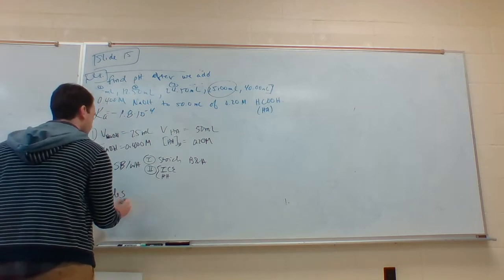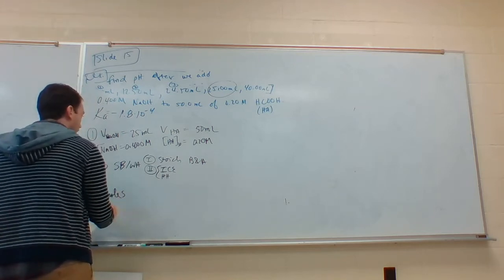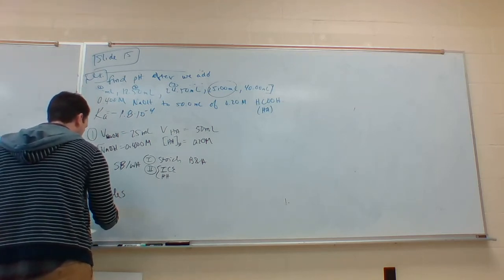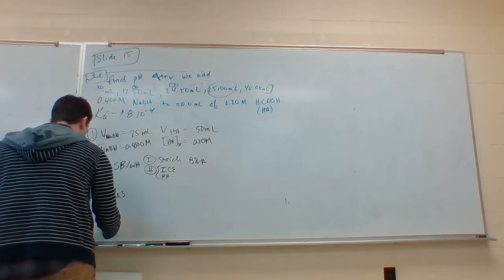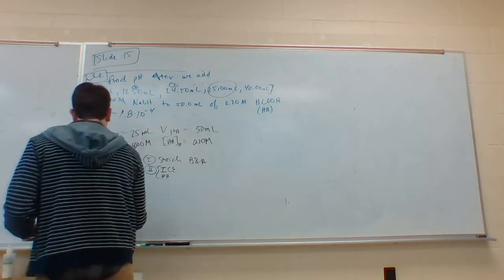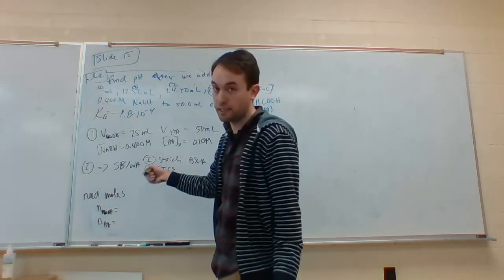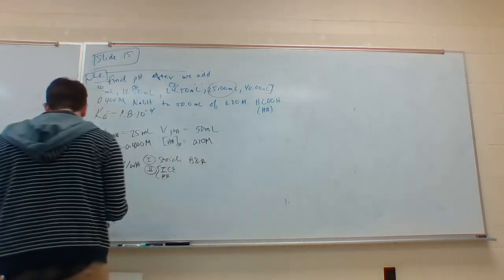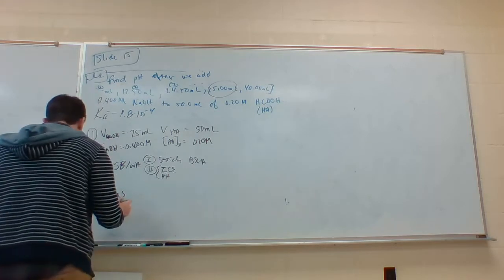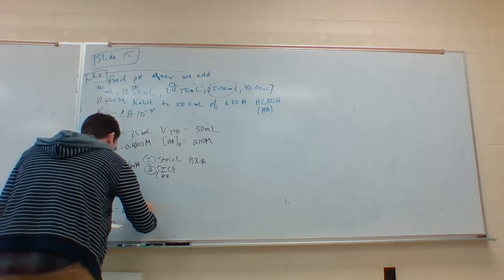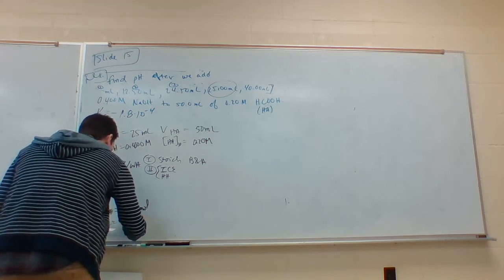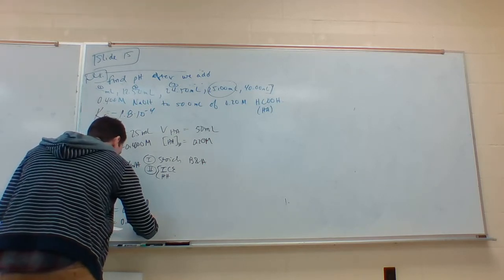So since we need moles, n of sodium hydroxide and n of HA, I'm not going to show you how to do these again, but basically it's M times V. So we get 0.010 moles. Here we get 0.010 moles.